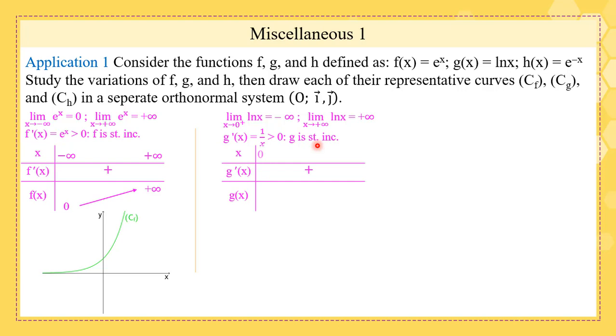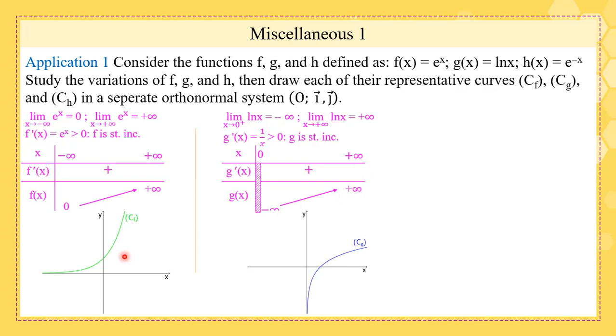And this would be the table. The domain is 0 open to plus infinity. It's open at 0. g prime is positive, so g is increasing. It increases from negative infinity to positive infinity. The limit at 0 plus is negative infinity, and the limit at plus infinity is positive infinity. And this would be its curve.